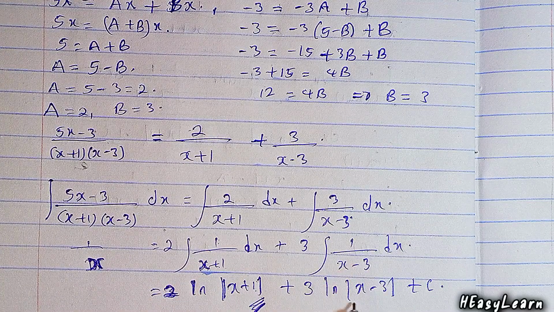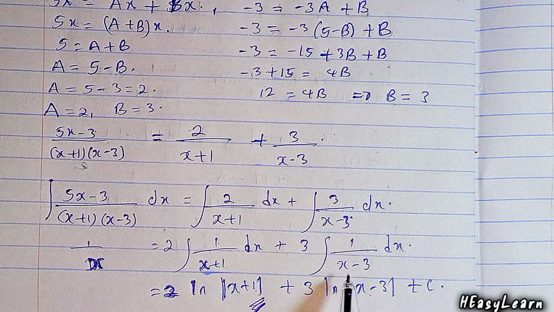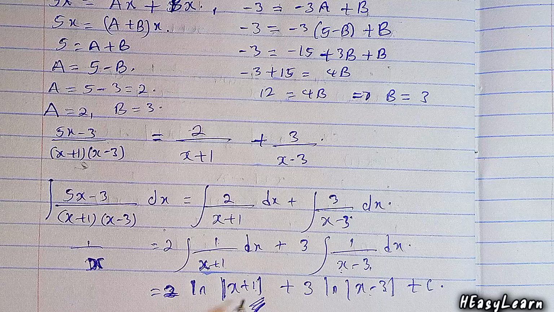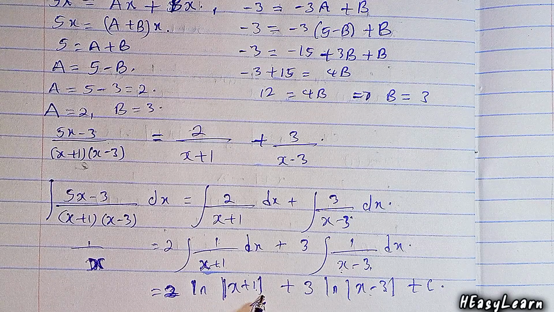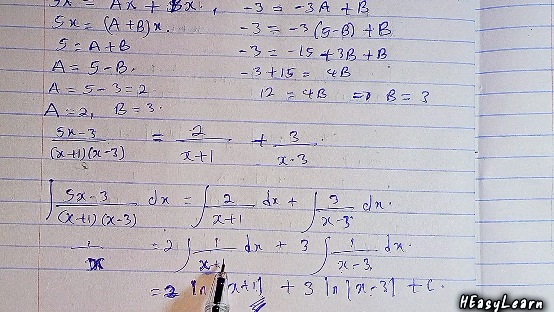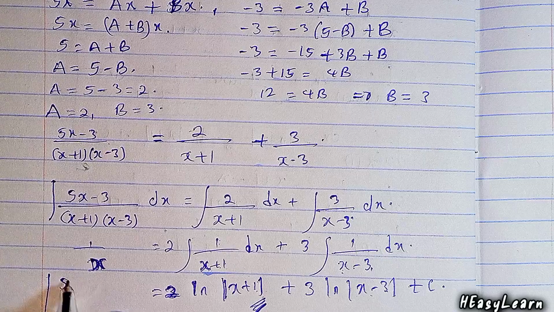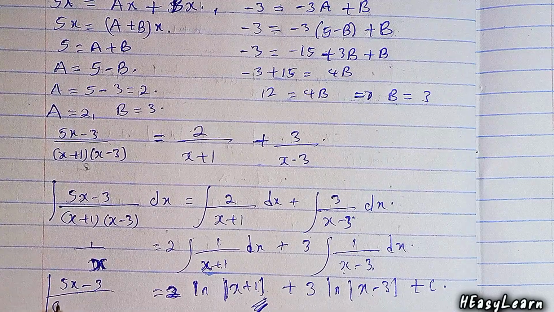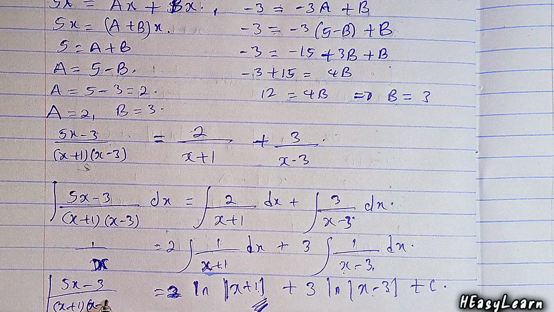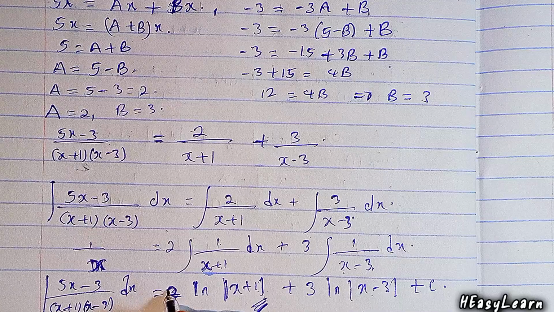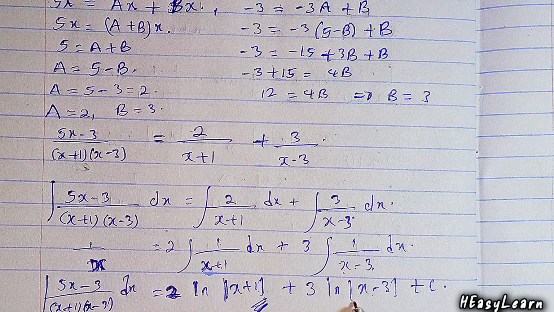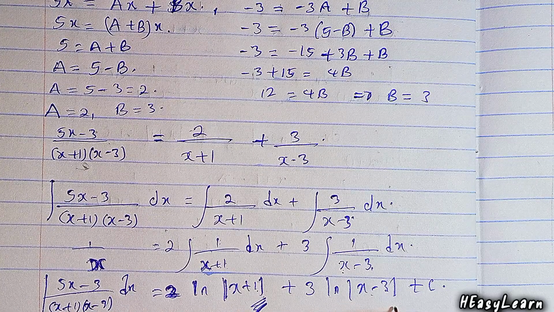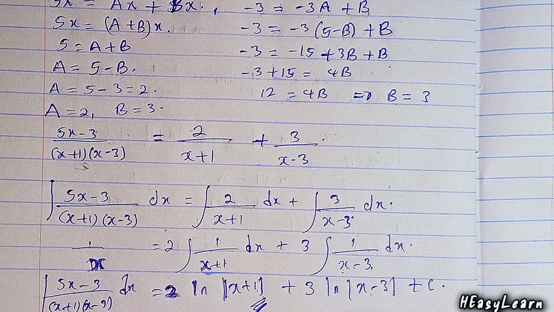The same thing here, the derivative of ln|x minus 3| is 1 over x minus 3. So the integral of (5x minus 3)/((x plus 1)(x minus 3)) dx is 2 ln|x plus 1| plus 3 ln|x minus 3| plus constant of integration.